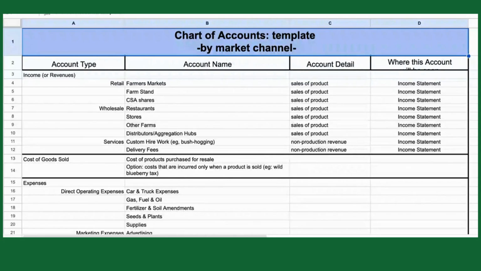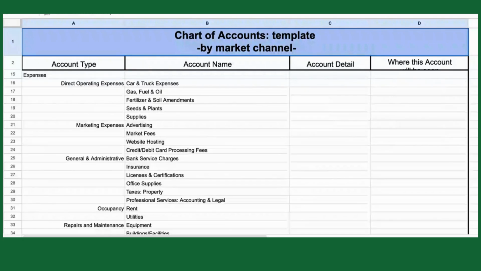Let's jump down in this template to consider some specific strategies for expense accounts.